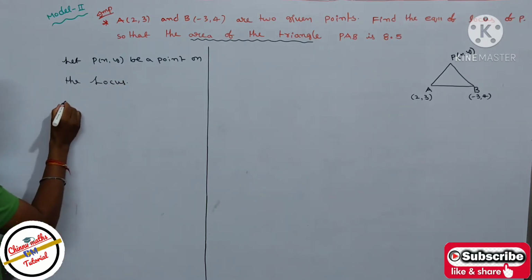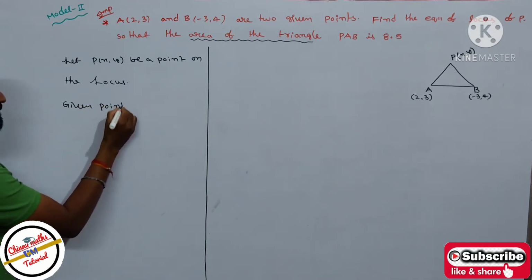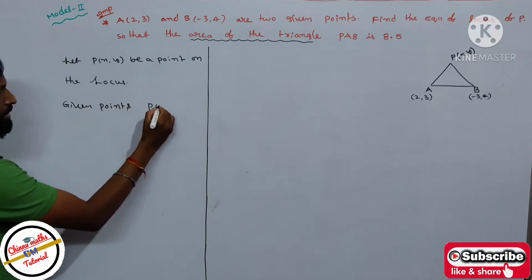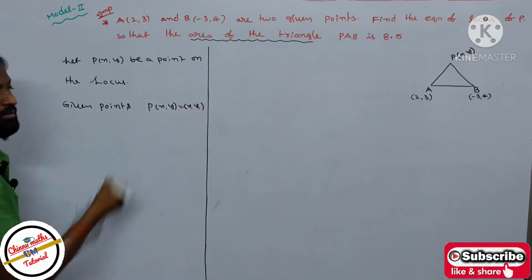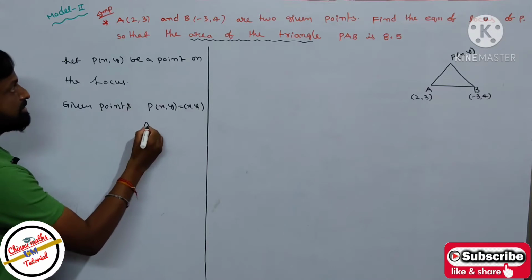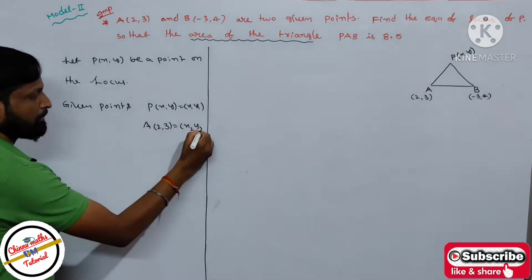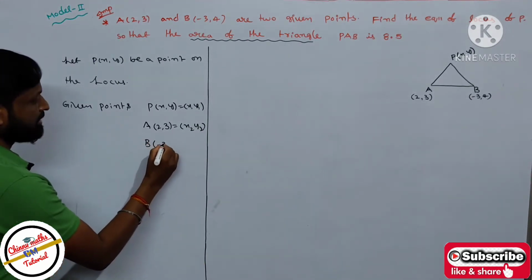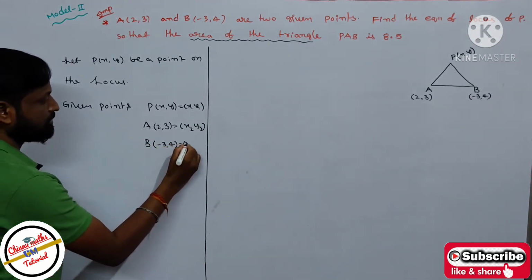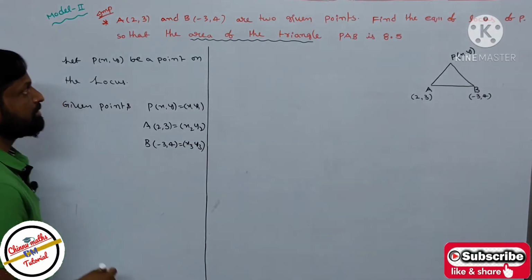Next, given points. What are the given points? P (x, y) is taken as (x1, y1). Next, point A is given as (2, 3), which is (x2, y2). Next one, B (-3, 4) is (x3, y3).